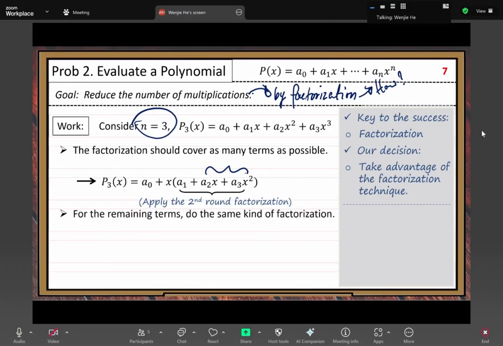Then in that way, you can get the maximum number of factorizations, until you cannot. After the second round, there is no more. After 2 rounds of factorization, we have to stop.